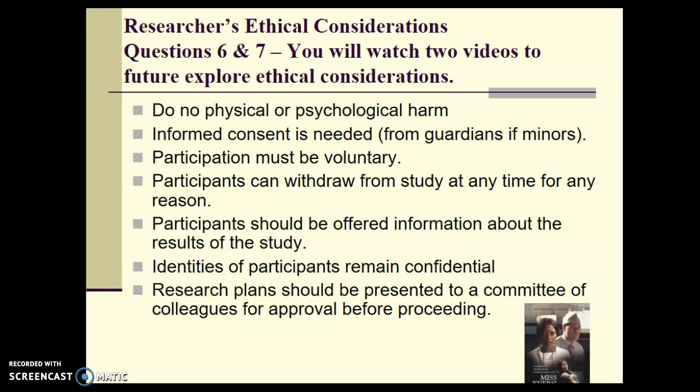So you have some accountability saying, well, maybe this is actually doing harm. And so when we talk about doing harm, it doesn't necessarily mean that you're physically harming somebody, but psychologically, it can be harming in their development when they're younger. And then, of course, you always want to communicate the results.